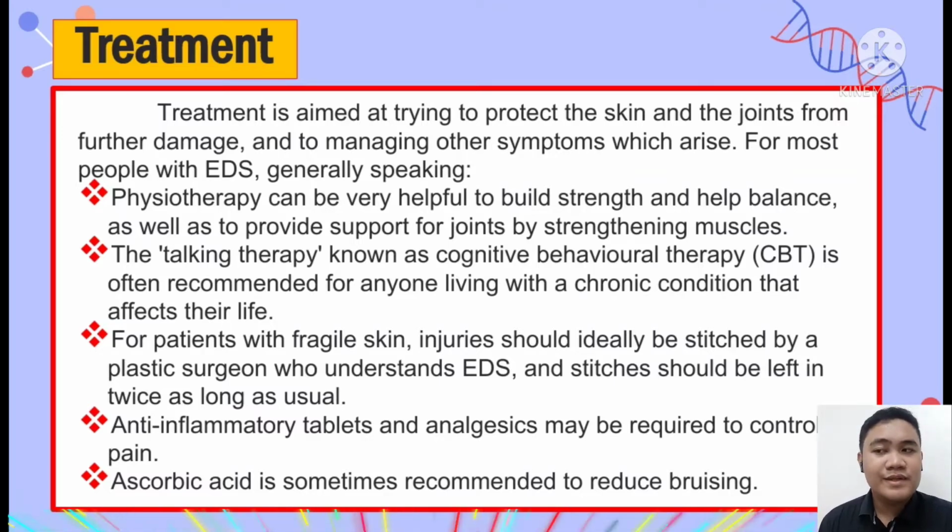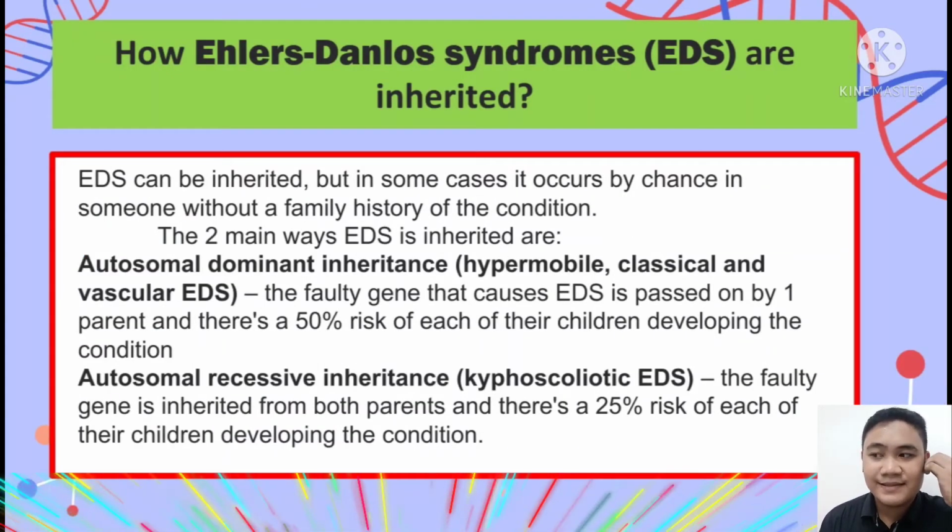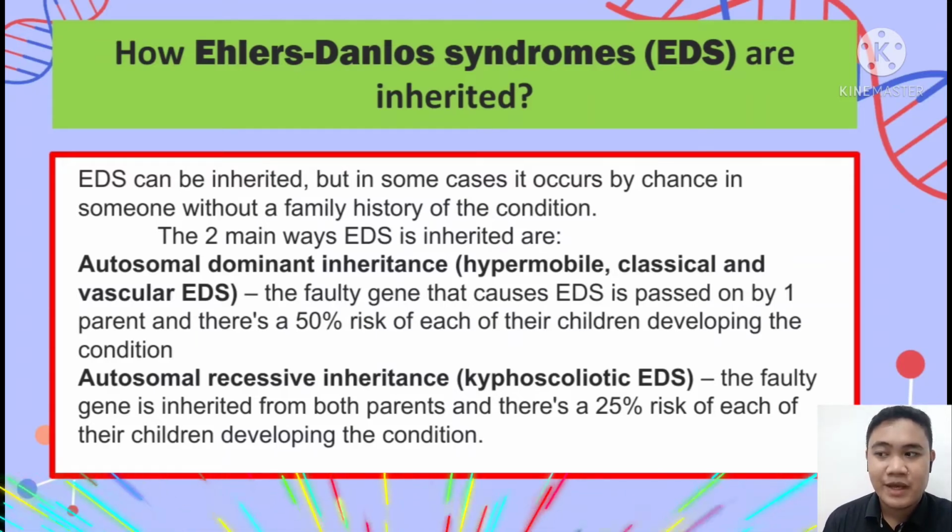Now, how is Ehlers-Danlos syndrome inherited? EDS can be inherited, but in some cases, it occurs by chance in someone without a family history of the condition. The two main ways EDS is inherited are, first, autosomal dominant inheritance, seen in hypermobile, classical, and vascular EDS.